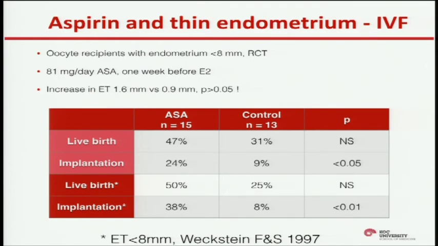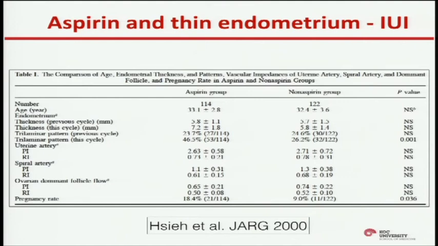Okay. How about IUI? There's a study in IUI cycles also. Women who had a thin endometrium in a prior cycle given aspirin versus no aspirin. Nothing changes except for the proportion of women who had a trilaminar, nice endometrial pattern, but the thickness is the same. Okay. And the pregnancy rate is almost twice in the aspirin group.